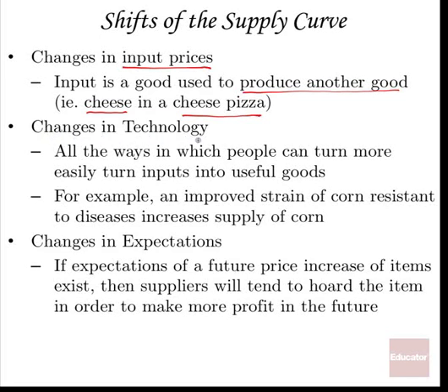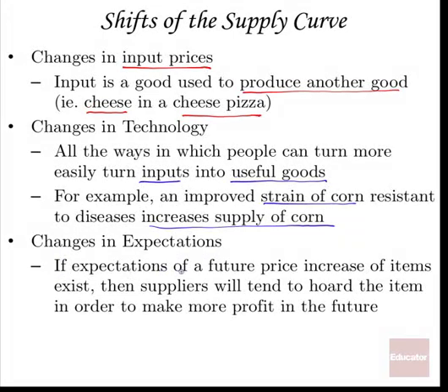Secondly, changes in technology. All the ways in which people can easily turn inputs into useful goods, that would be a technology situation. For example, an improved strain of corn resistant to diseases increases the supply of corn. And finally, changes in expectations.